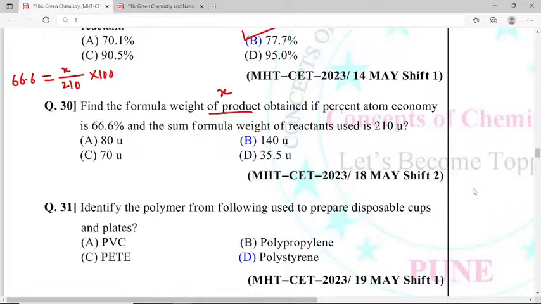So X equals 66.6 multiplied by 210, and this whole divided by 100. So we shift the decimal point and we'll get the answer 140.